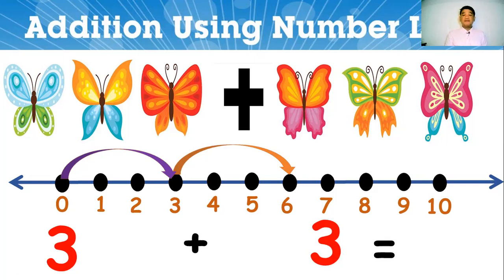So there are 6 butterflies altogether. Very good. So the answer must be: there are 6 butterflies altogether. Very good.